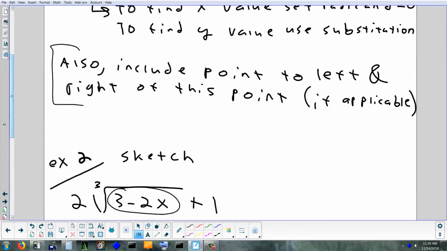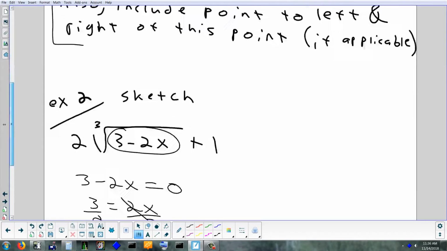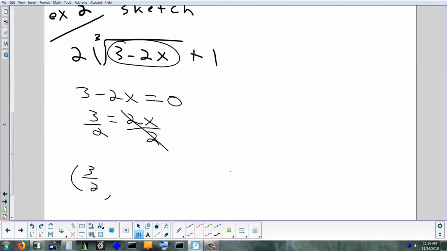Now, to find the y value, use substitution. Plug this back in. Well, when I plug 3/2 back in, I already know what the circled part is going to be. What is the circled part going to come out to? 0, because I purposely found this number that makes this 0. So this whole part is 0.